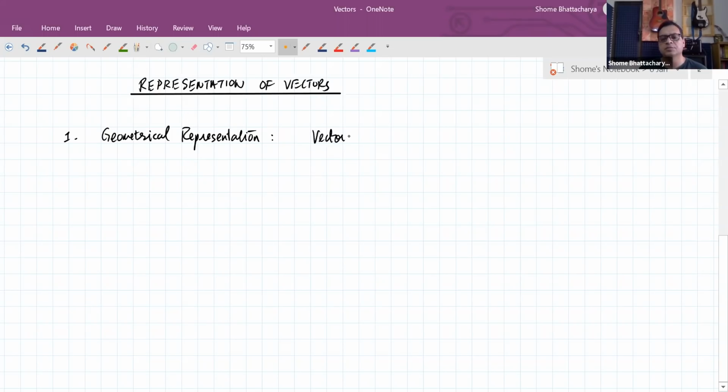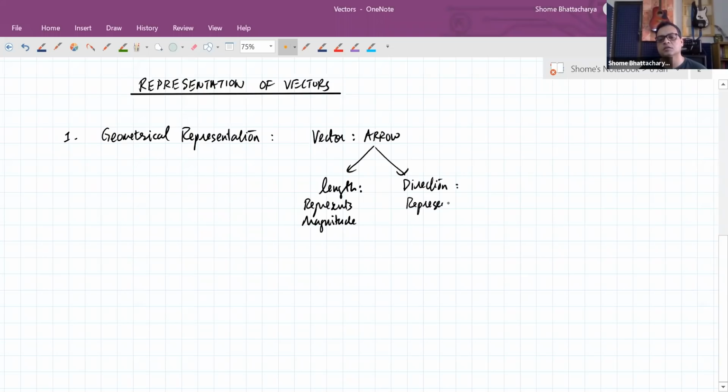So a vector is represented by using an arrow, such that the arrow has two important properties. The arrow has a length. It has a specific length. So that length represents the magnitude of the vector, whereas the direction of the arrow represents the direction in which the vector acts.